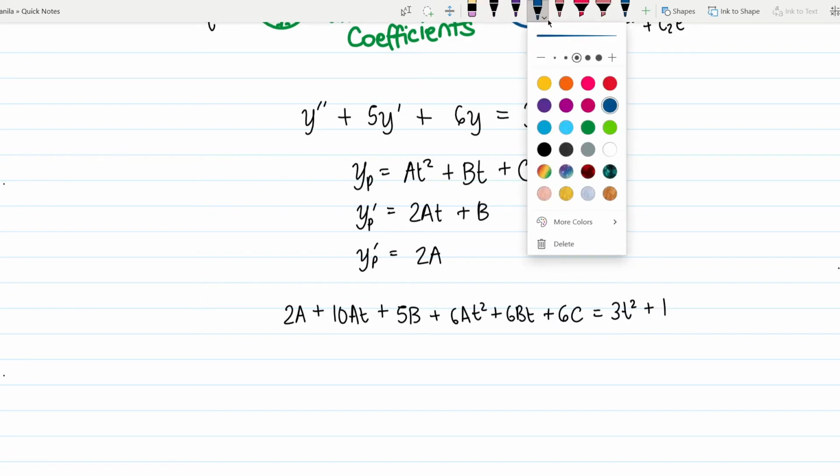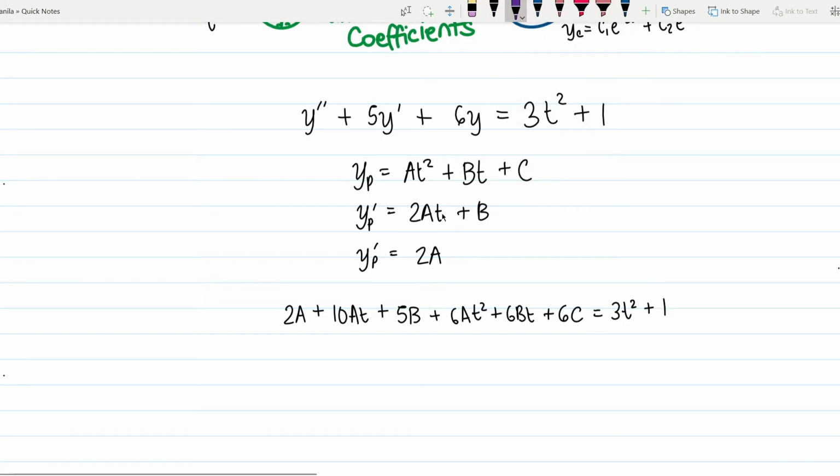So I'll just highlight, let me just fix this. I'll just highlight all the t squared. I'll just highlight all the t. And then I'll highlight all the constants, right?